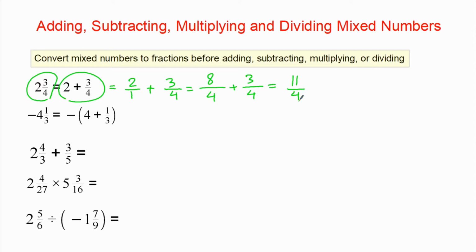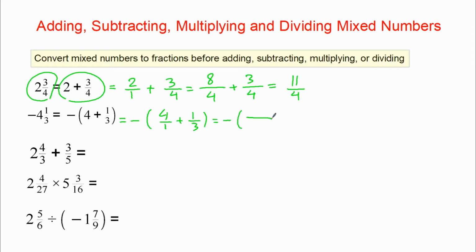And we could do the same thing for the second one. So we need to do minus bracket, keep the bracket. We need to keep that logical flow of every element and every term going when we do these parts. Minus bracket, 4 over 1 plus 1 over 3, and equals again minus bracket.